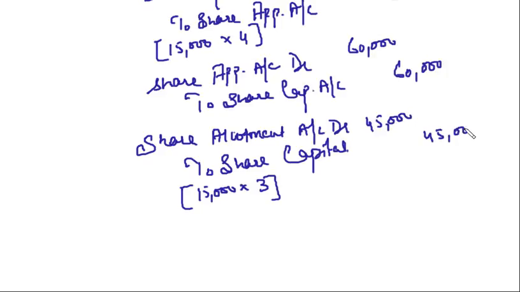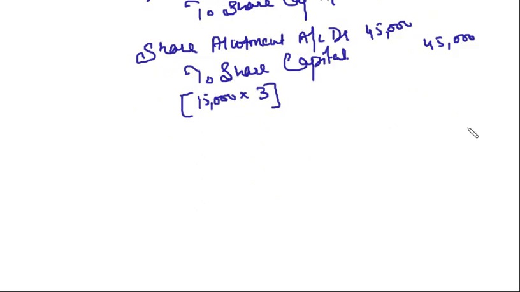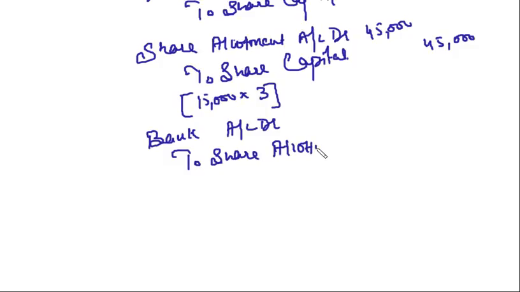Right? Say we have received the allotment money, then the journal entry will be bank account debit to share allotment account, 45,000 and 45,000. Because we have received applications for 15,000, we will allot 15,000 only.